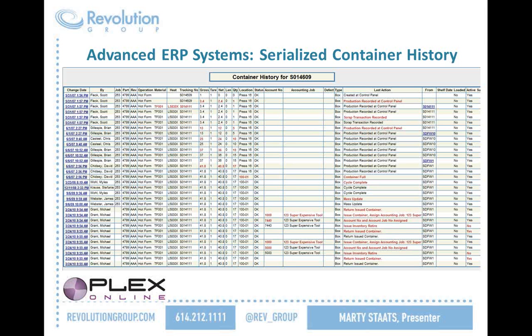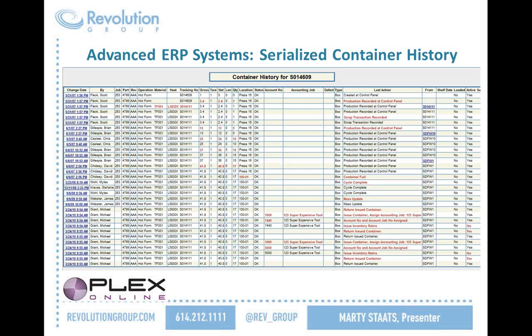You can see maybe the heat numbers, materials, or tracking numbers that are associated with these parts. You can see the quantities as they are incremented or decremented, depending on whether there's production going on or depletion going on. You can see maybe certain accounting information here.